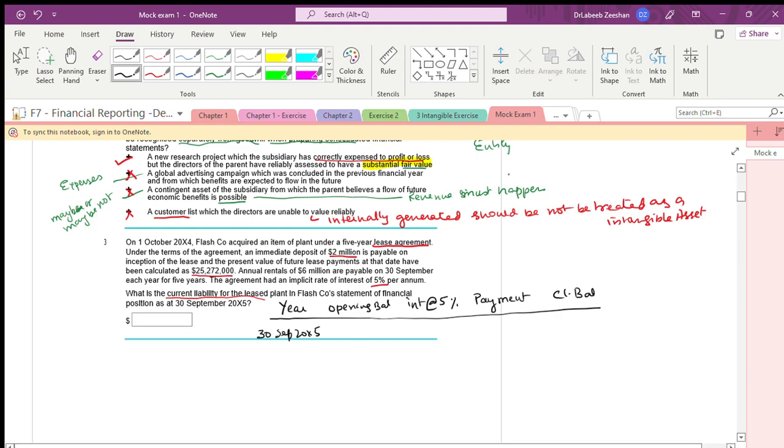This is 30th September 2005. The opening balance is 25,272. What is the interest on this?